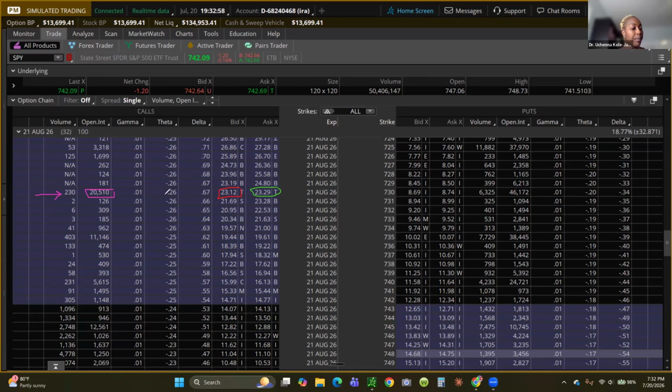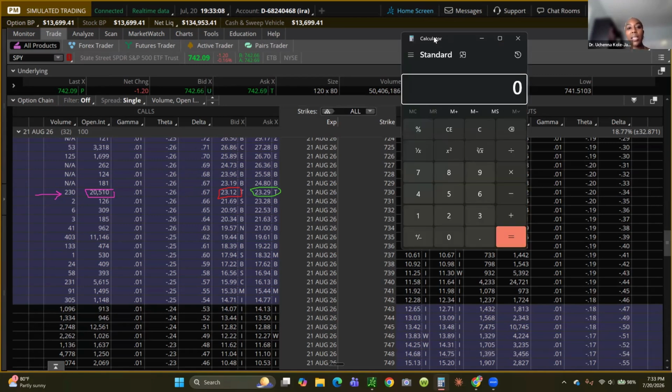Okay, so rule of thumb, I like to divide whenever your question is: is this bid ask spread less than 10%? The ask is 23.29. Oops, I'm sorry. The bid is 23.10.